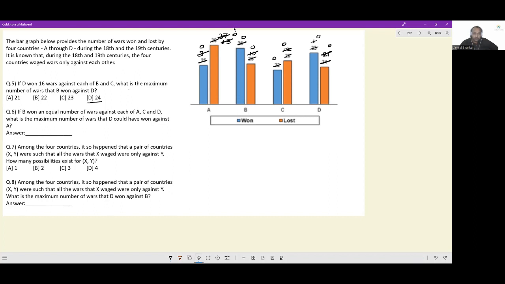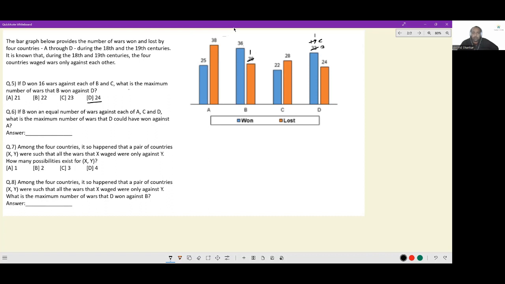In fact, a better way of representing this, now that I see this all over again, I'll go ahead and do it. Look, D won 16 wars against B and C. So against B, it comes down to 17. Against C, it comes down to 1.